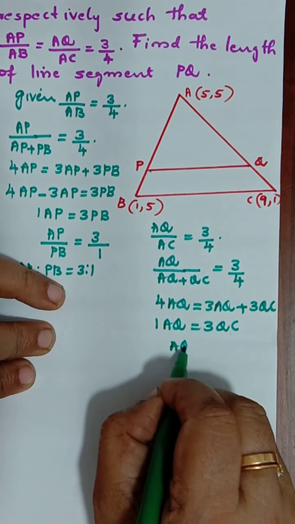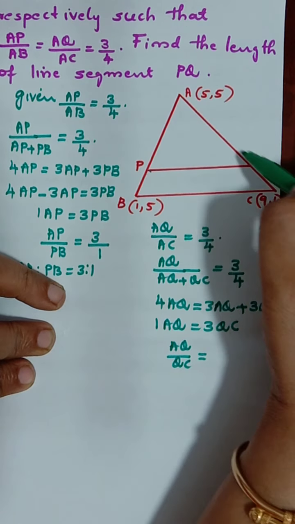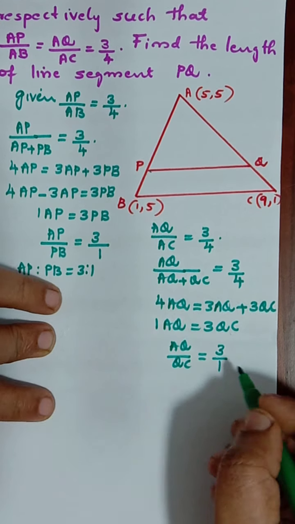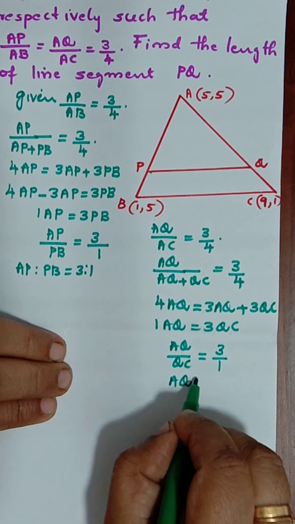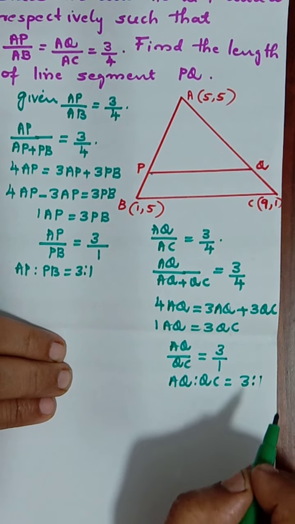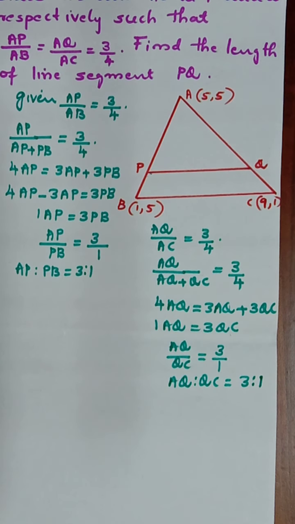So AQ by QC is equal to 3 by 1. That is, AQ is to QC is equal to 3 is to 1. Now we got it as a ratio.